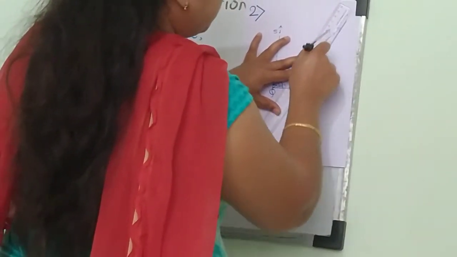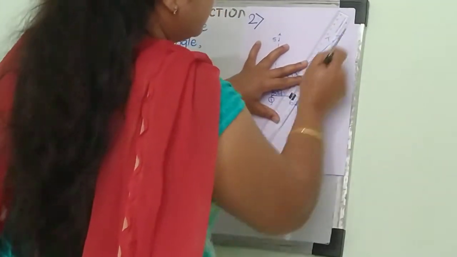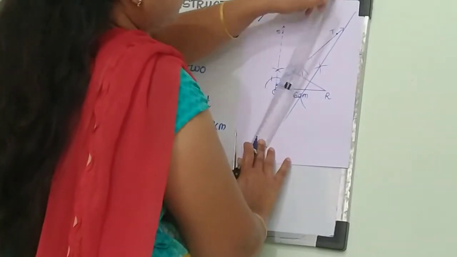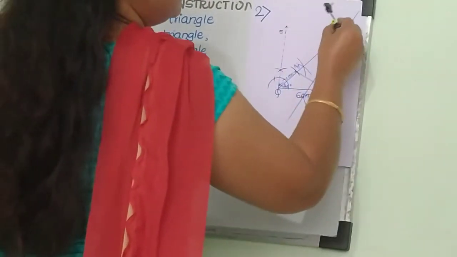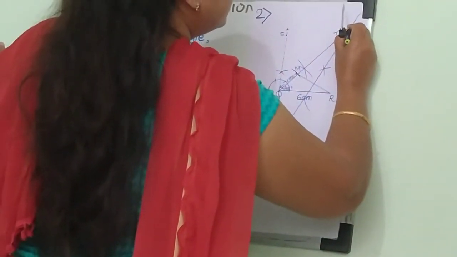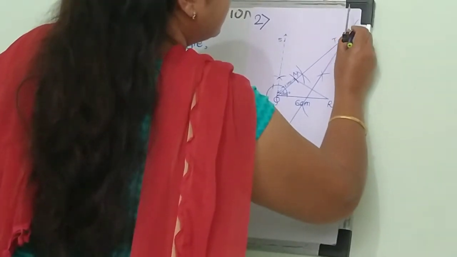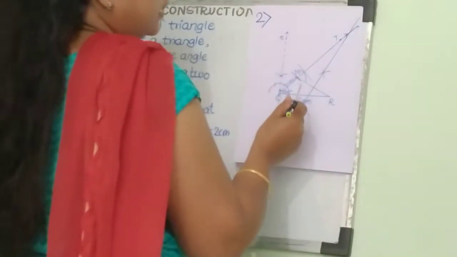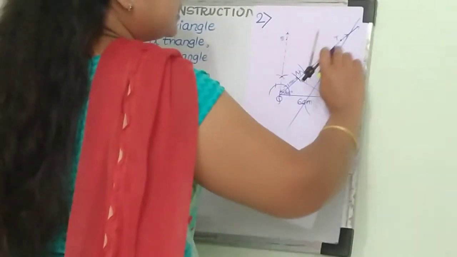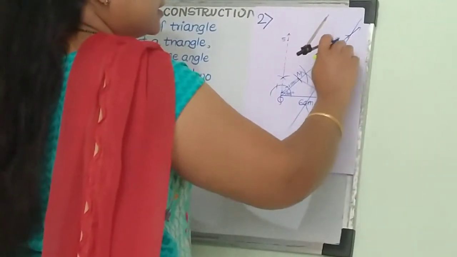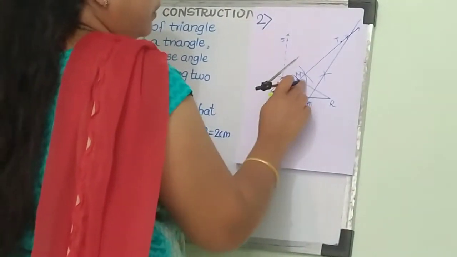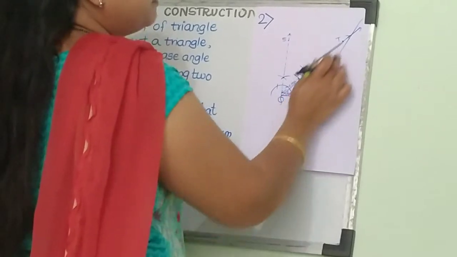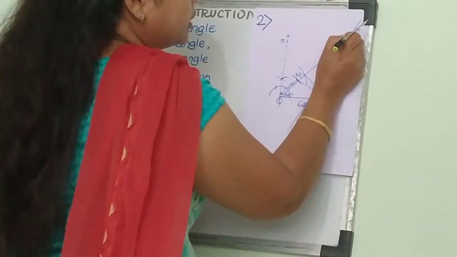See here, for the perpendicular line we are going to draw the line such that it will meet, now here we have to extend our given angle 45 degree till our ray, that is the one arm of angle TQR, and this perpendicular meet together.